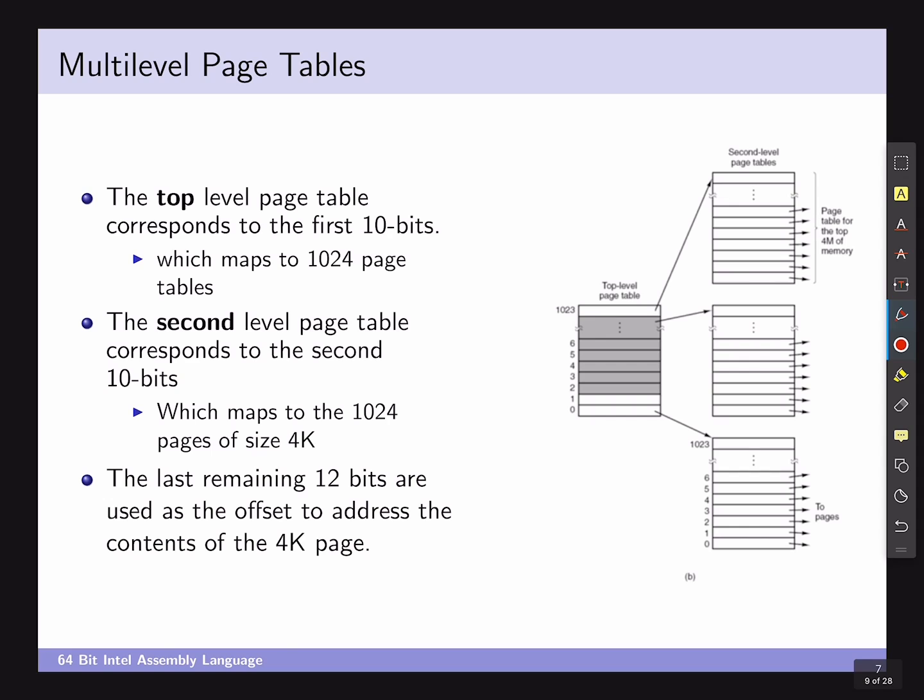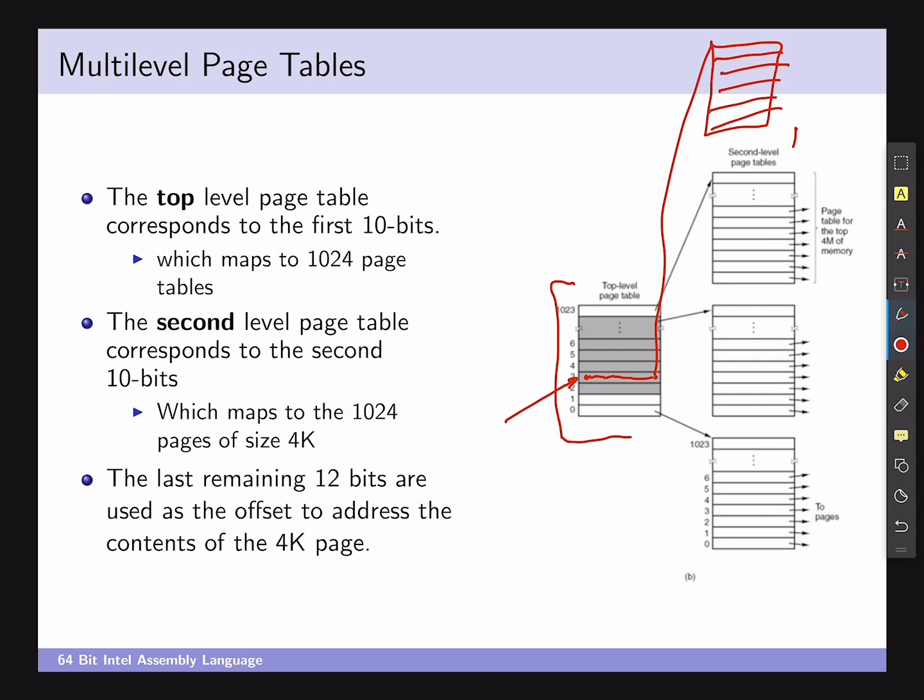Well, we take those first 10 bits, and basically what will happen is it's going to tell us where in this table we should look. So say, for example, the corresponding value of those first 10 bits is this 3. What we'll then do is we'll say, okay, cool, we're at this location. Which of the second level page tables does this field point to? So maybe it points to one over here. And once we've moved to that layer, we now need to decide which one of the entries we're interested in in that table.